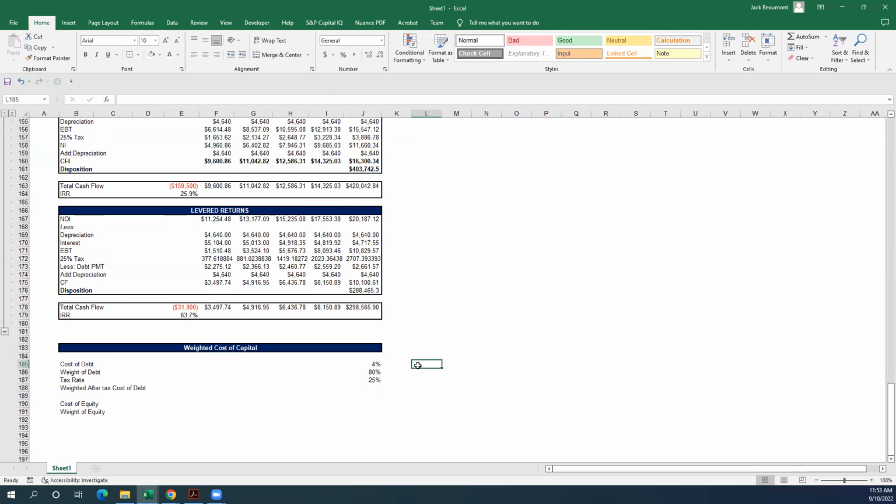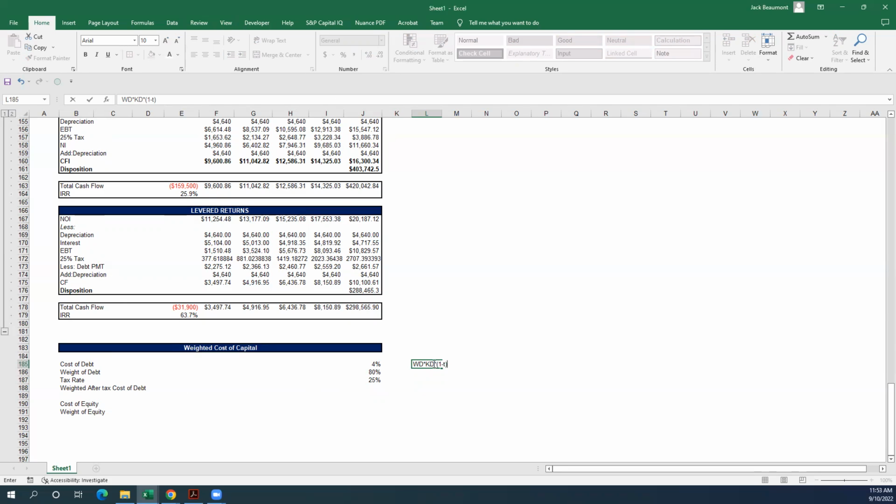The formula we're going to use here is the after-tax cost of debt, which is the weight of debt times the cost of debt, multiplied by 1 minus the tax rate.